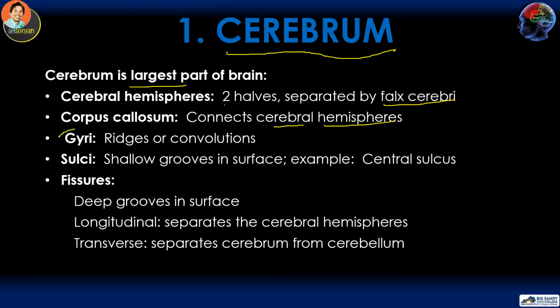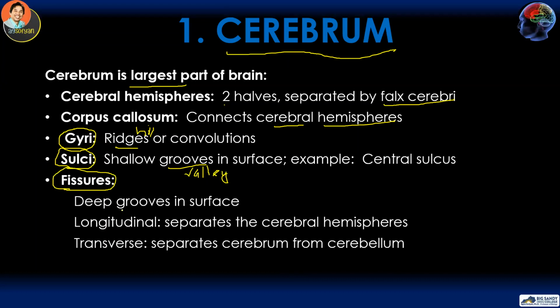There is a part called the gyrus, which is ridges or hills, and sulcus, which is grooves or valleys. So there is a hill and valley structure on the cerebrum. The deeper sulcus is called the fissure.